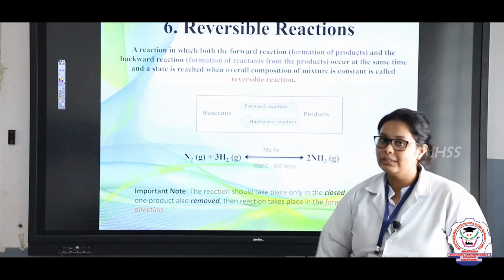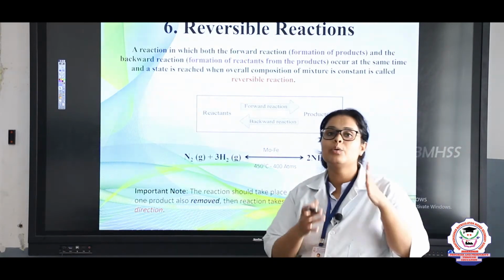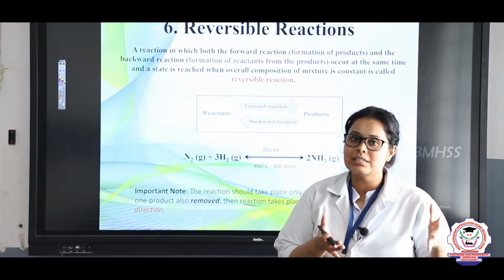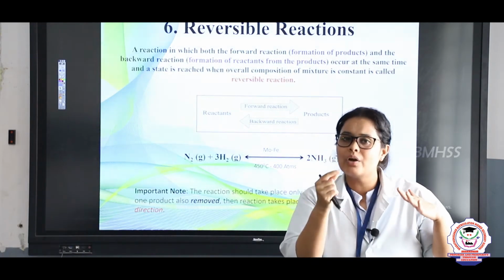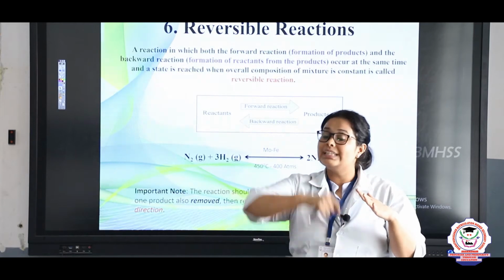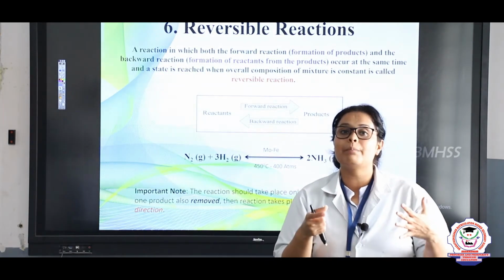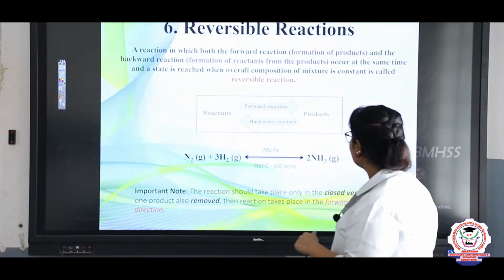So, there is a point in this. Whenever we are doing the reaction with gases, we should close the container, because if any one product or any one reactant escapes, then you will not get the backward reaction, right.